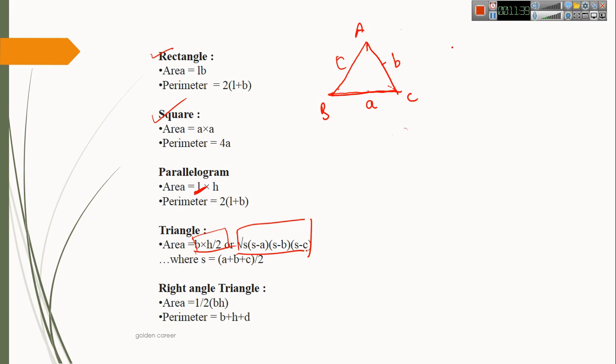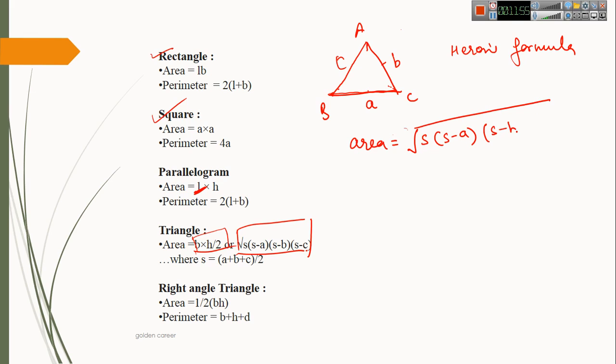So here we use Heron's formula, which is: area of the triangle is equal to root over s into s minus a into s minus b into s minus c. Here a, b, c are the lengths of the sides of the triangle. Then what is s? s is the semi-perimeter.